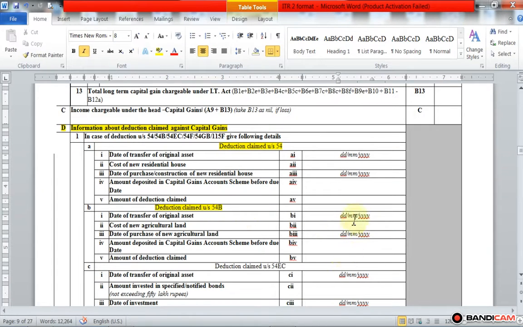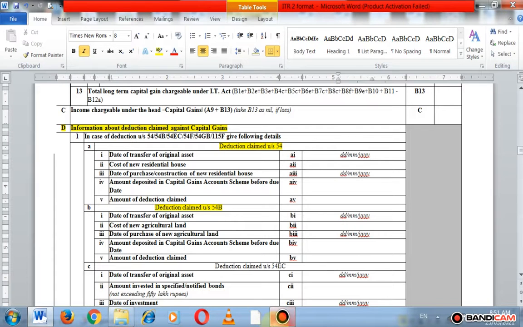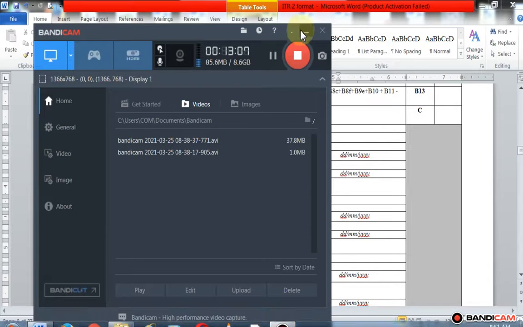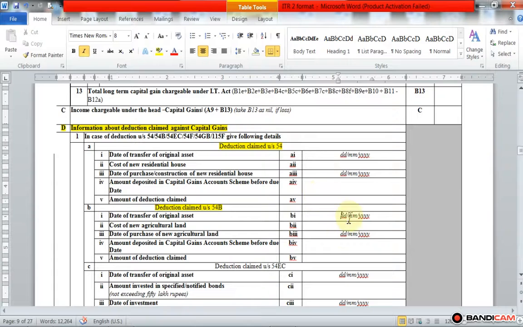So here the assessee will furnish the date of purchase of agricultural land. So this information is provided by the assessee if he claims a deduction under section 54B.